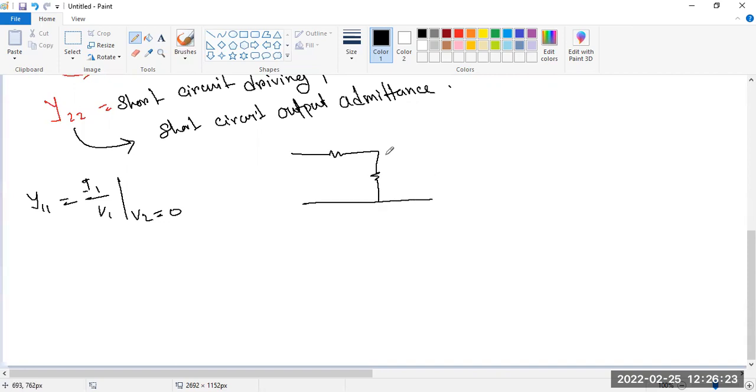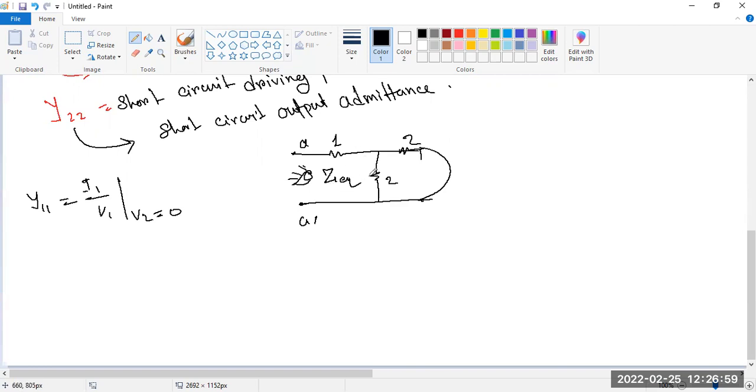It should be changed. The 4 ohm will be cut out because this portion is short. So we make it open, and looking in from here we can get an equivalent resistance.